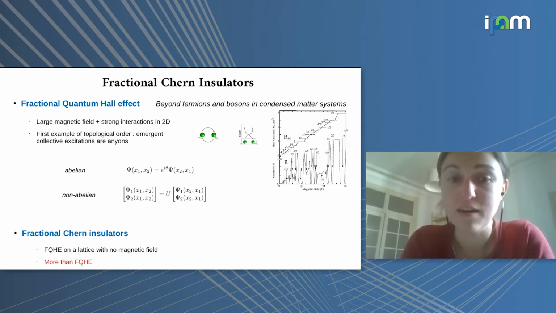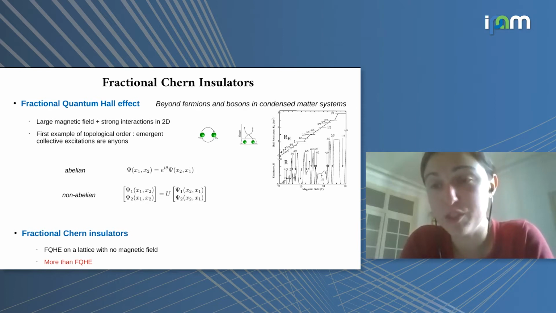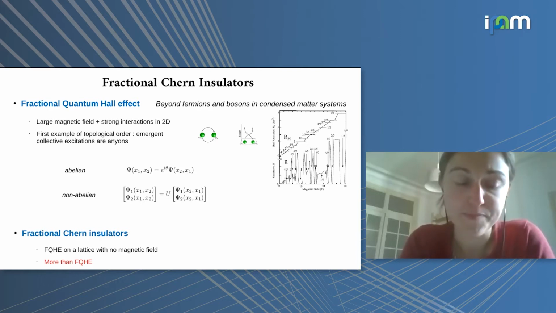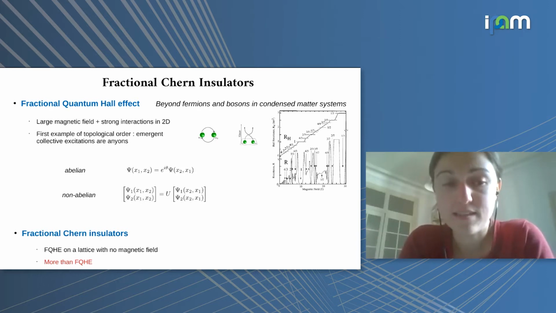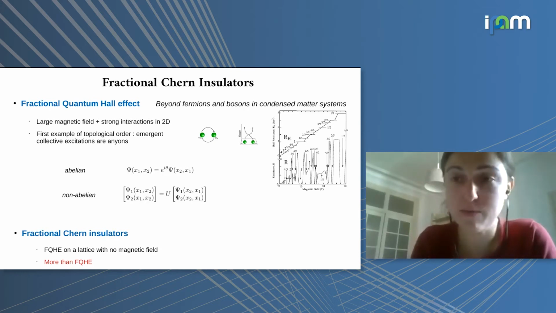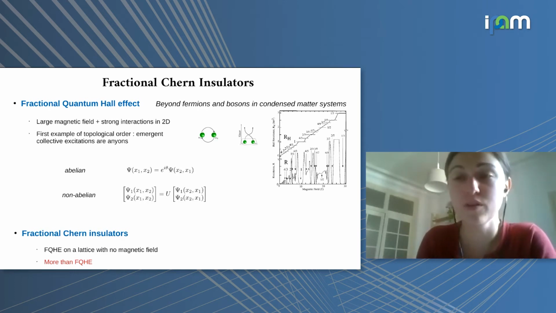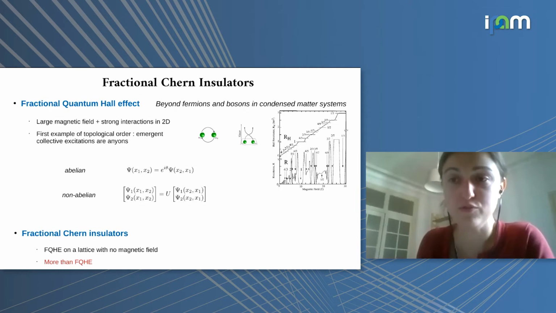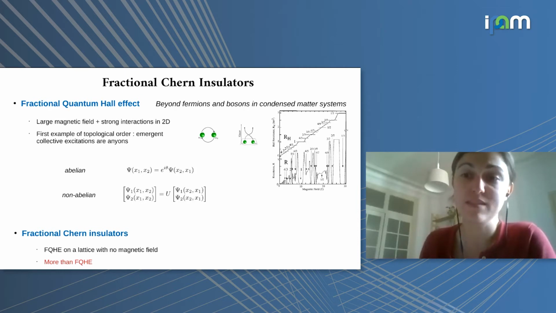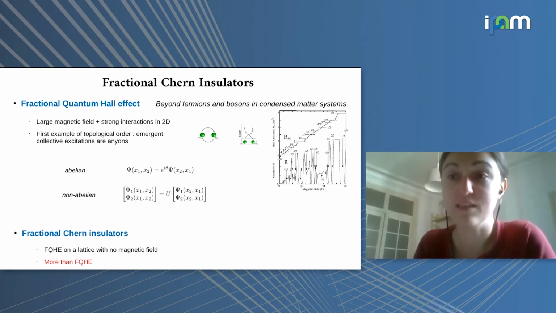These are phases that are based on a lattice, and the lattice itself will give some topological properties to the system. Fractional Chern insulators can realize phases in the same universality class as the fractional quantum Hall effect, but they can also do more. For example, it's possible to trap excitations within a dislocation on a lattice. So they're also interesting in their own right.